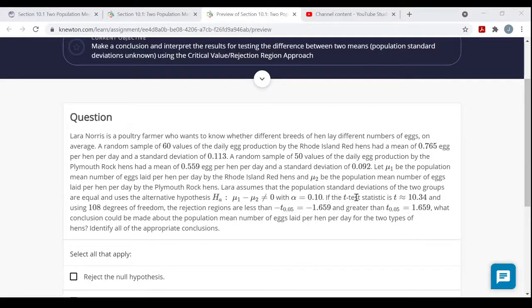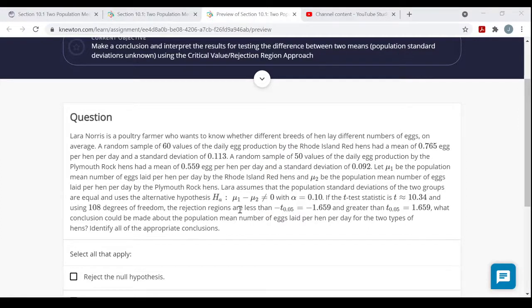So the t-test statistic is a t-score of 10.34, using 108 degrees of freedom, which, remember, would be n1 plus n2 minus 2 here. 60 plus 50 is 110, minus 2 is 108 degrees of freedom.